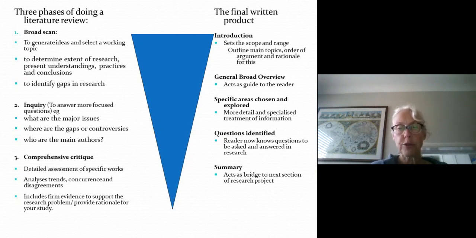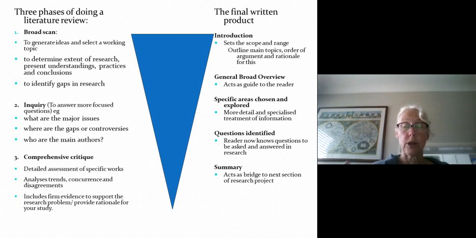And the way I've always thought about this is this triangle, which starts broad. So when you're doing a literature review, you start with your broad scan. And when you're writing your introduction and your general broad overview, you're beginning at a fairly broad level. But as you work through a literature review, it gets much more specific. And so you end at this point where we have a very clear conclusion where we know what we know already.